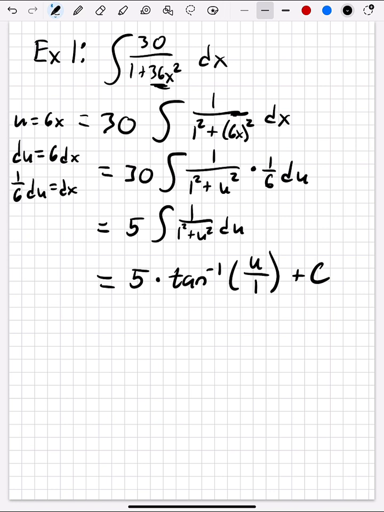Well, my u value, of course, is 6x, as I decided earlier. So I have 5 times the inverse tangent of 6x plus c. Okay, and so that is how we can use u substitution along with integration of inverse trig to find an integral when we have something in this form.